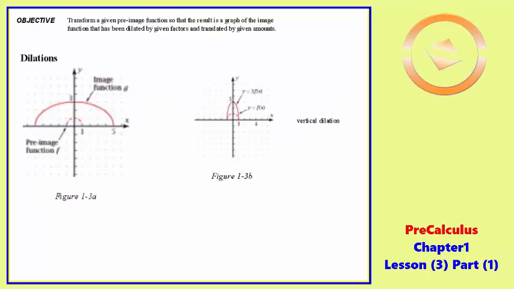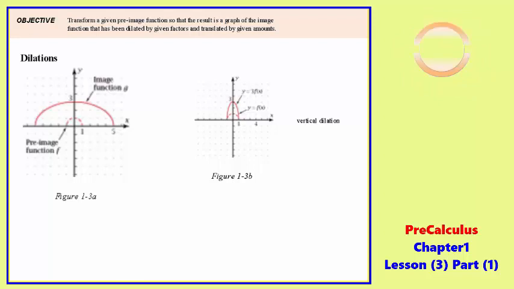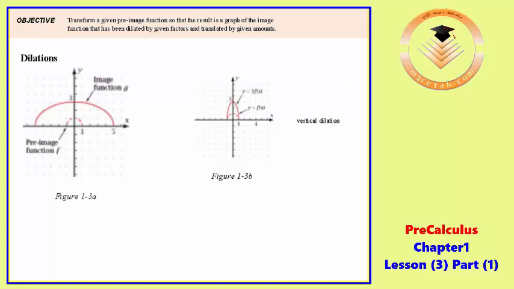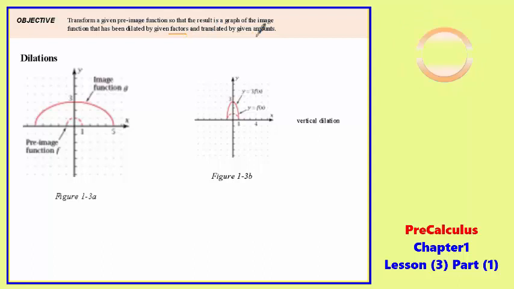Our objective here is to transform a given pre-image function so that the result is a graph of the image function that has been dilated by given factors. Notice the word factors. And translated by given amounts.